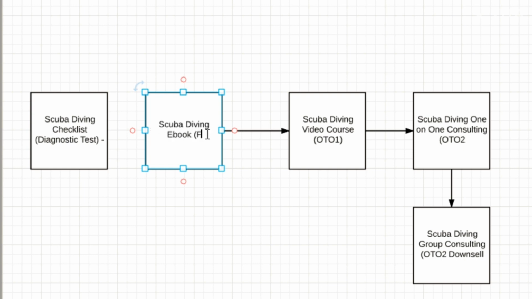And that can be front end. And that could be anything you want. You could do something like the top 10 reasons why you fail in scuba diving. And then you could have the done for you service over here that talks about how to succeed or how to avoid these failures or whatever.